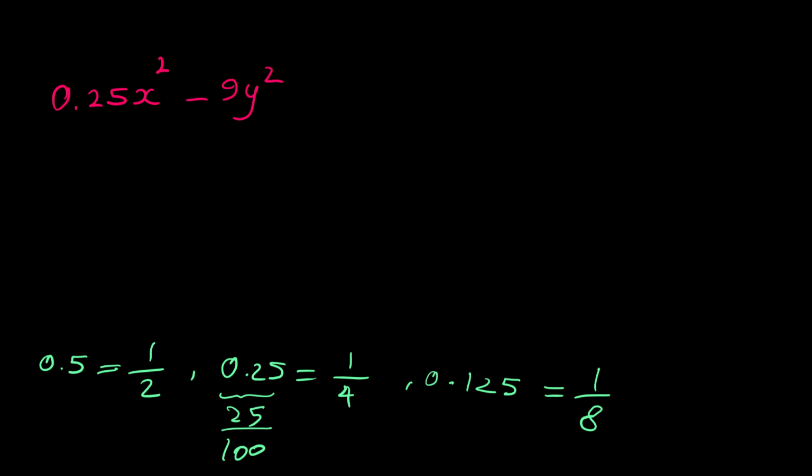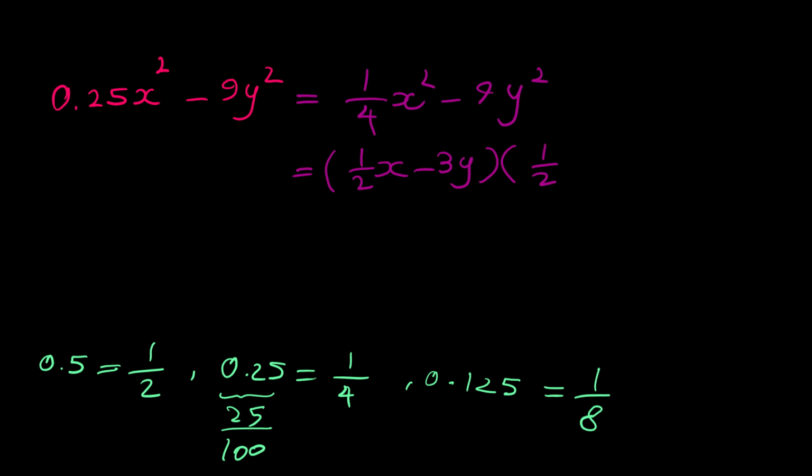Now here we have 0.25. First, I write this in the form of 1/4 x2 minus 9y2. Without multiplying this expression by anything, you can factor this right away in the form of 1/2 x minus 3y, 1/2 x plus 3y. And this answer is completely fine.